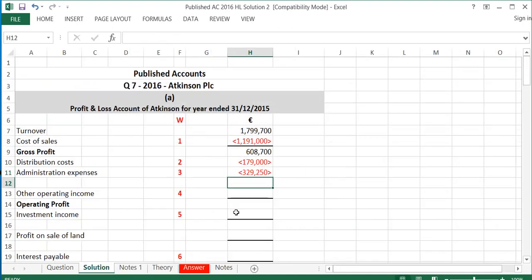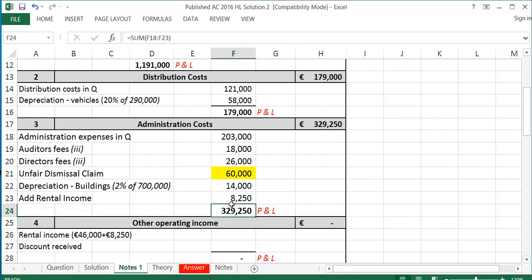Okay, so now my gross profit less my distribution and admin expenses leave me with 100,450. Now my next note is going to be other operating income. So for this note, I have to make a note again. So other operating income.